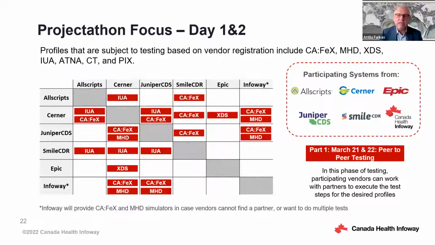This means using the simulators, vendors that couldn't quite finish all their tests before the Projectathon spent the first day trying their systems against these simulators to be ready to start exchanging information with the others. And then the second day and the beginning of the third were focused on peer-to-peer testing.